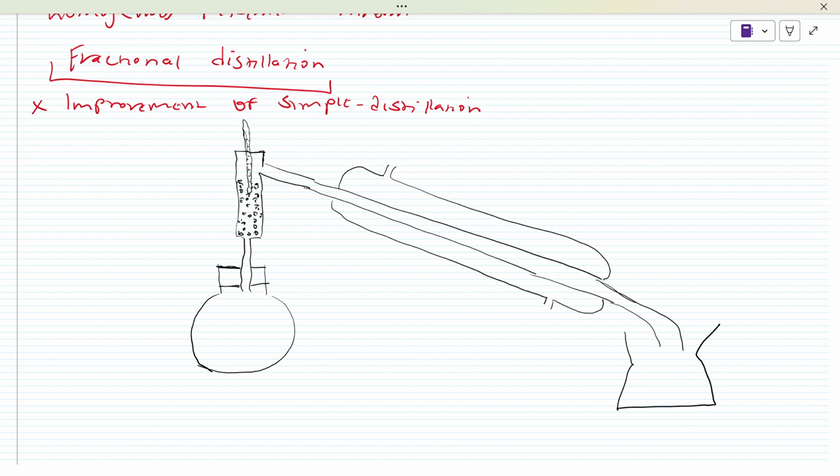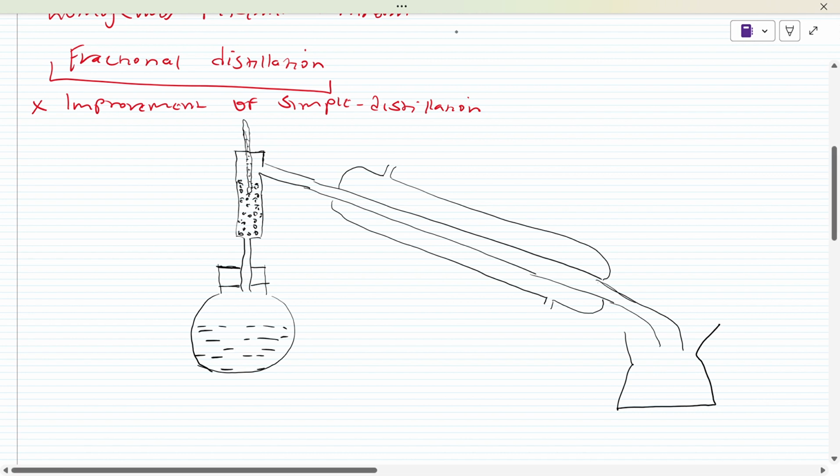Then this is where I'm supposed to have my mixture. And remember, it is a homogeneous mixture, and I'm going to choose one of the mixtures. Then we put the wire gauze. Then on top of it, we have our tripod stand. Then heat.